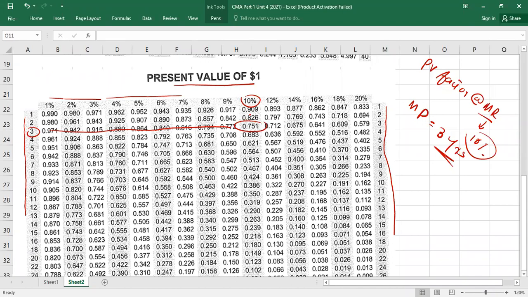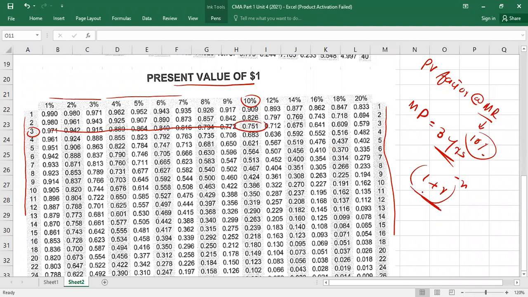How are these factors calculated? There is a formula to get the present value factor. The formula is (1 plus R) raised to the power minus N, where R stands for the market rate and N is the number of periods, the maturity period.